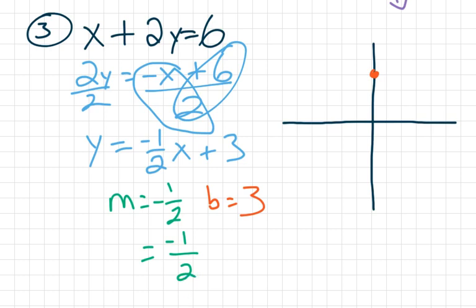So I'm going to go down 1 and then 1, 2 to the right, find my second point. If I wanted to go the other direction, go up 1 and then 1, 2 to the left, and you make your other point. Again, you don't have to do both directions, just one is fine. And then you draw your line. Hopefully that makes a little bit of sense to you.